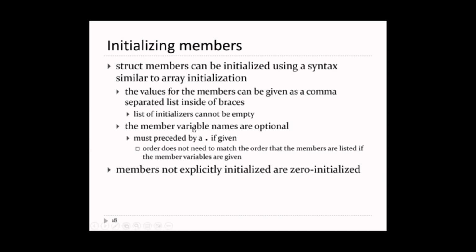If you want to, you can even specify the name of the member that you want to initialize. The way you do it is a bit funny, so it's easier to see an example. You put a dot in front of the member name, and then an equal sign. Let me just show you how that works in a second.